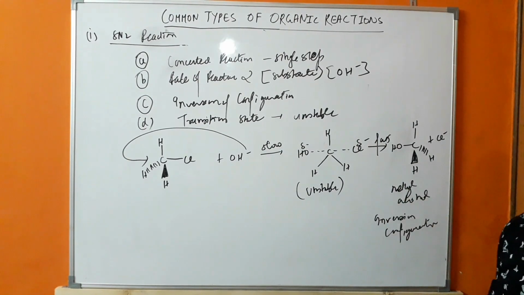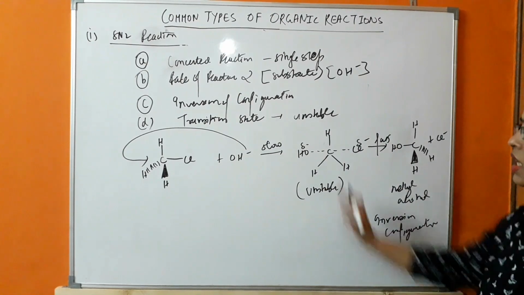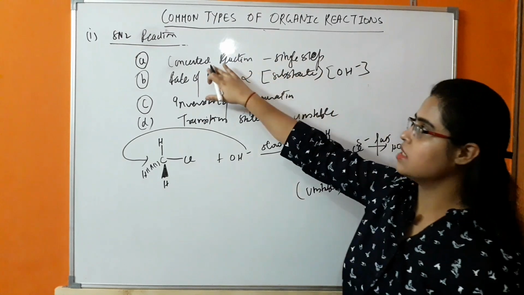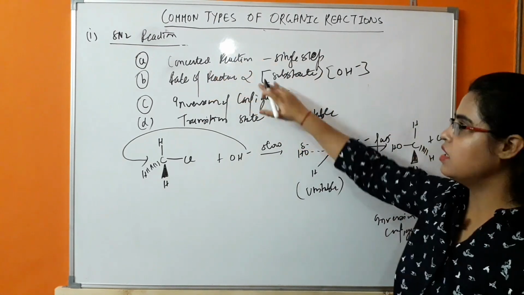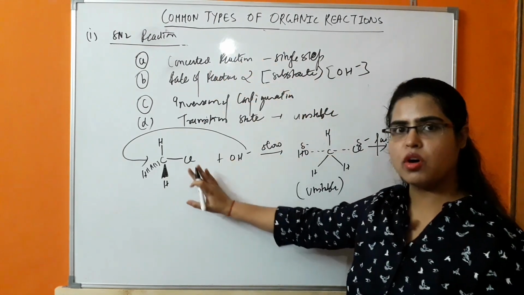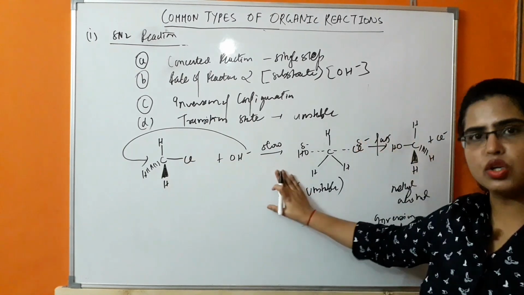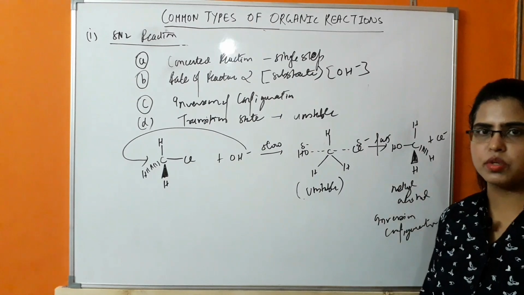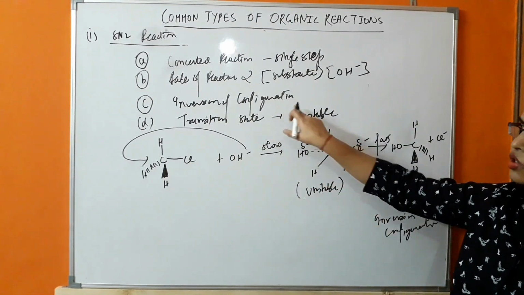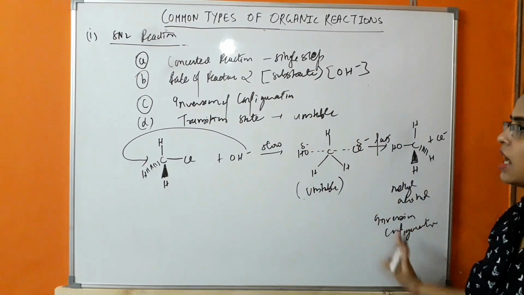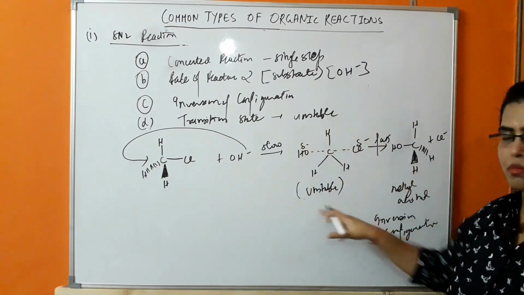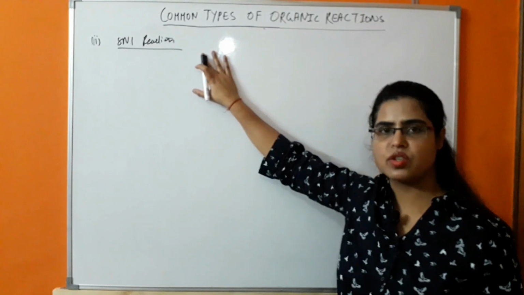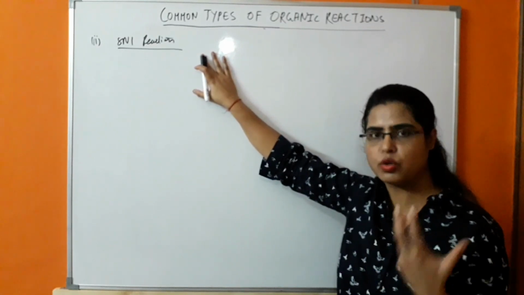This reaction occurs in a single step, so it is known as a concerted reaction, and the rate of reaction depends upon both the substrate and the nucleophile. There is inversion of configuration and transition state formation. So the full form of SN1 reaction is substitution nucleophilic unimolecular.